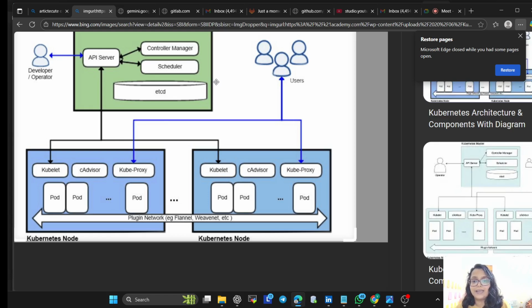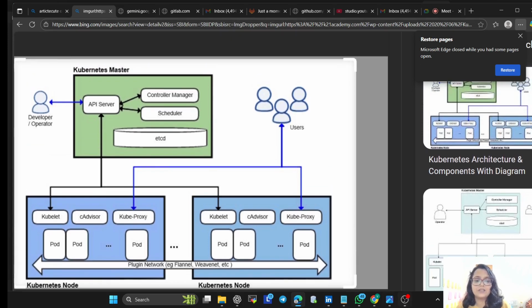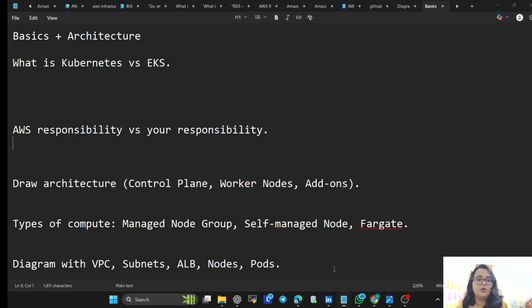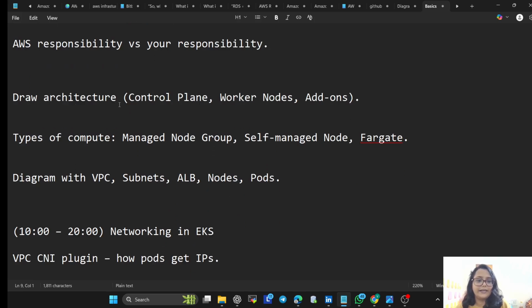Deployment services like the RBAC mechanism, IAM roles, and deployments we have to take care of. Observability, scalability, and security policies are also our responsibility. AWS will take the master node responsibility. Okay, very good. So these two things we discussed: what is Kubernetes versus EKS, and our responsibilities and AWS responsibilities. Now draw architecture: control plane, worker node, add-ons.